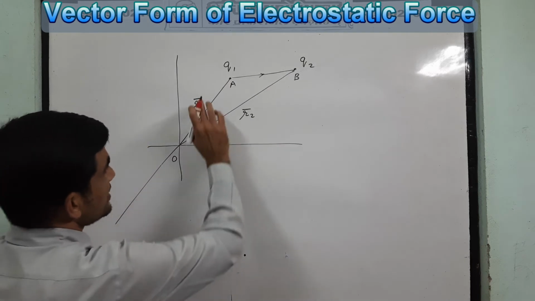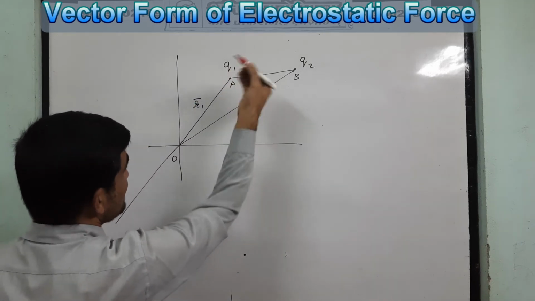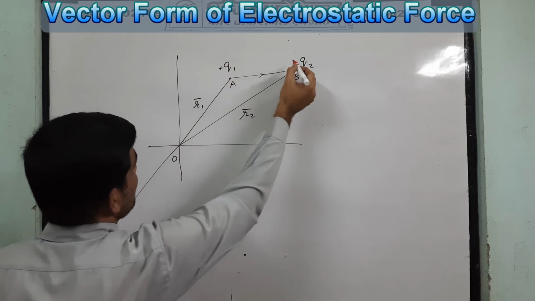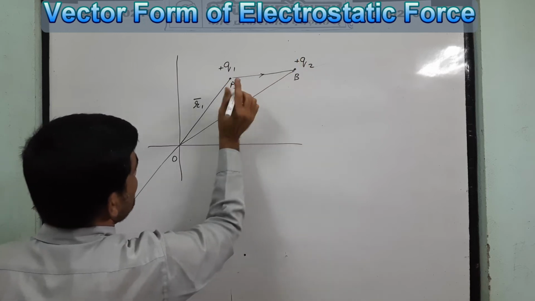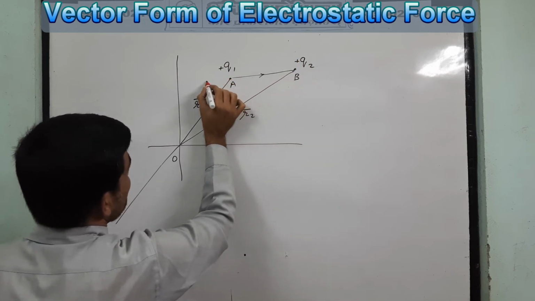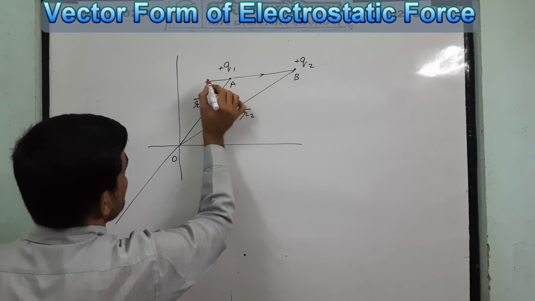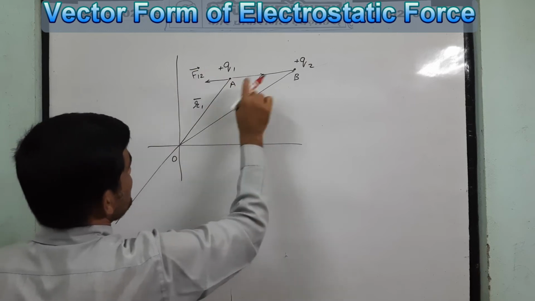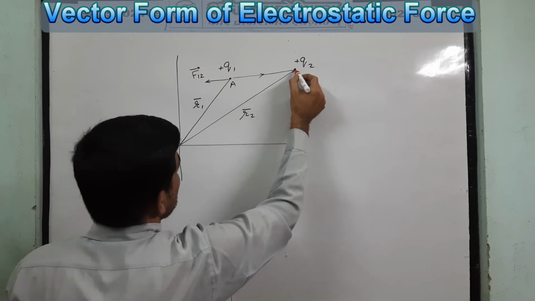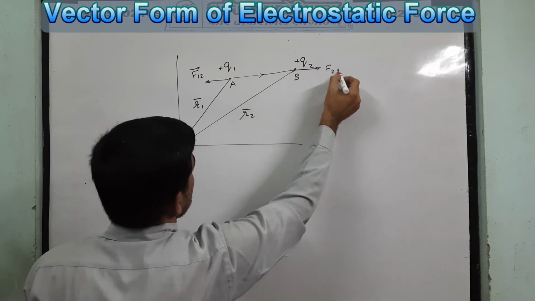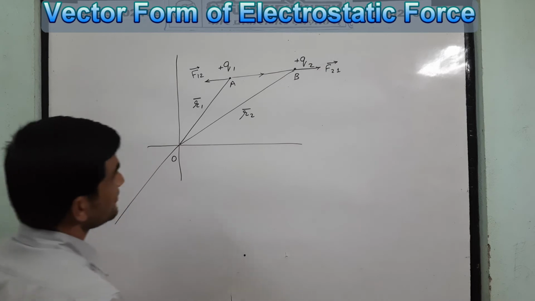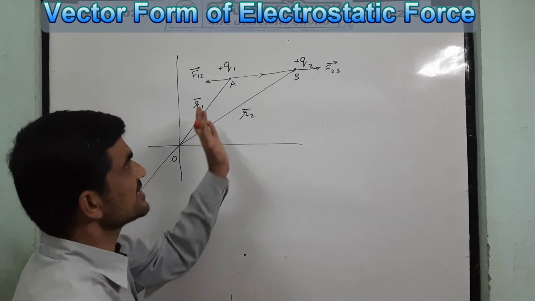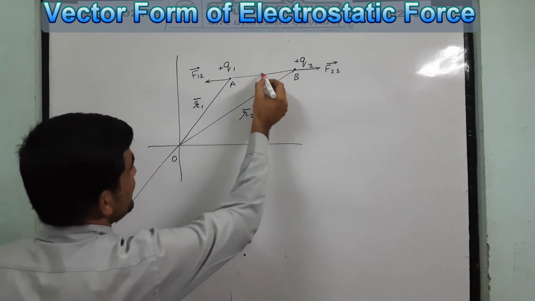So you know the force between them, assuming both are positive, they will repel each other. So the force on 1 will be F12, and force on 2 will be F21, like this. So first of all we have to find what is the vector r here, meaning vector AB.